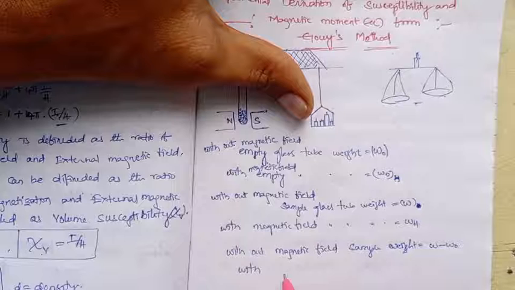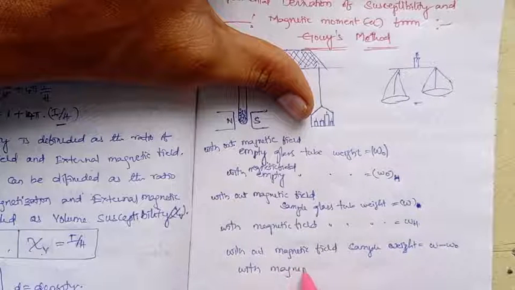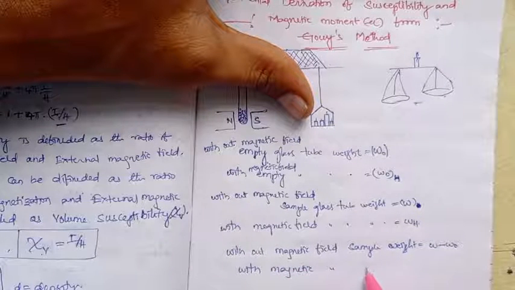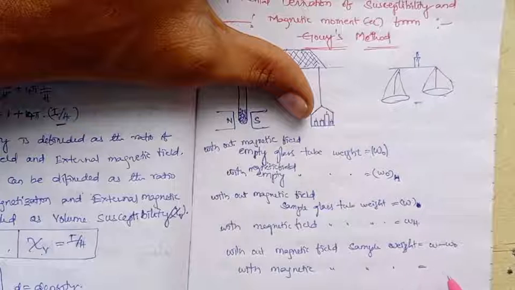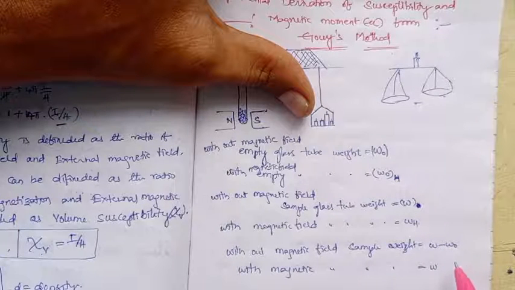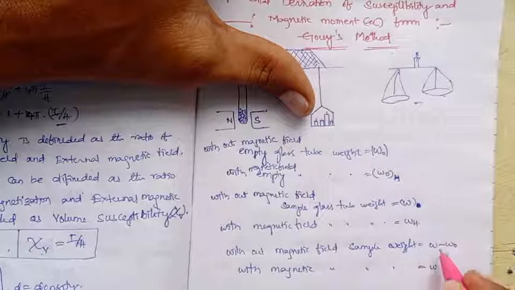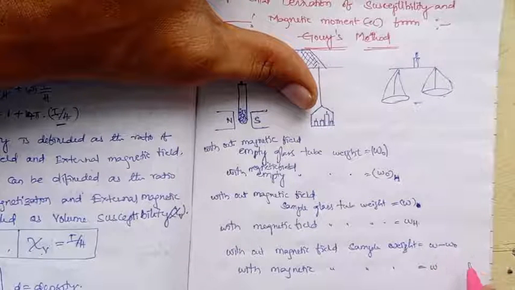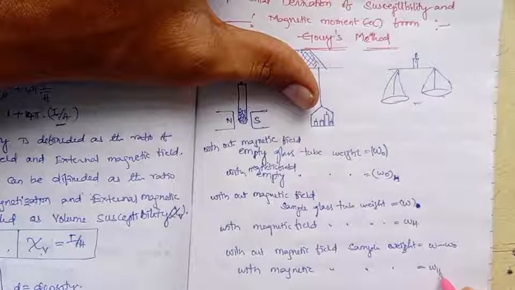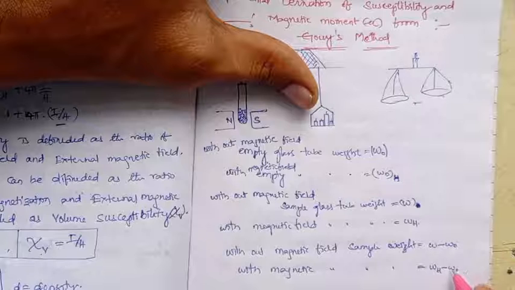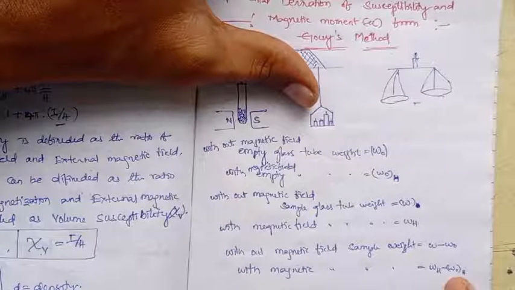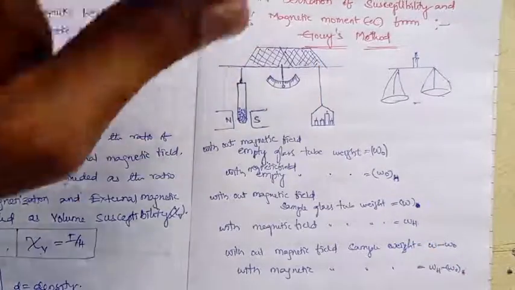With magnetic field, the sample weight will be, sorry, this is with, WH minus WOH, right?